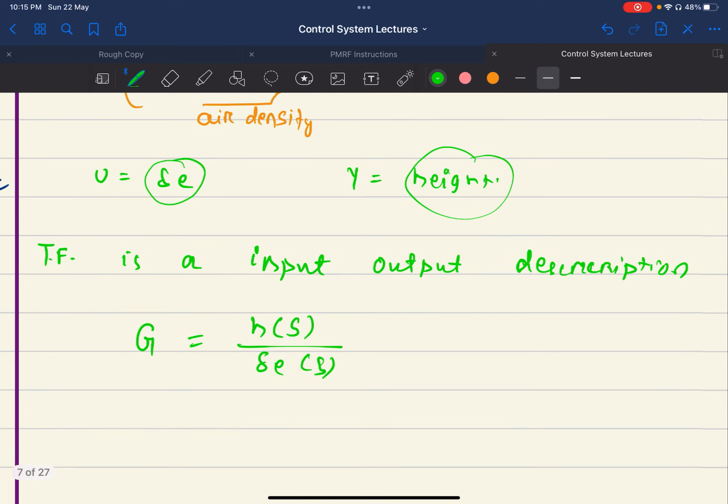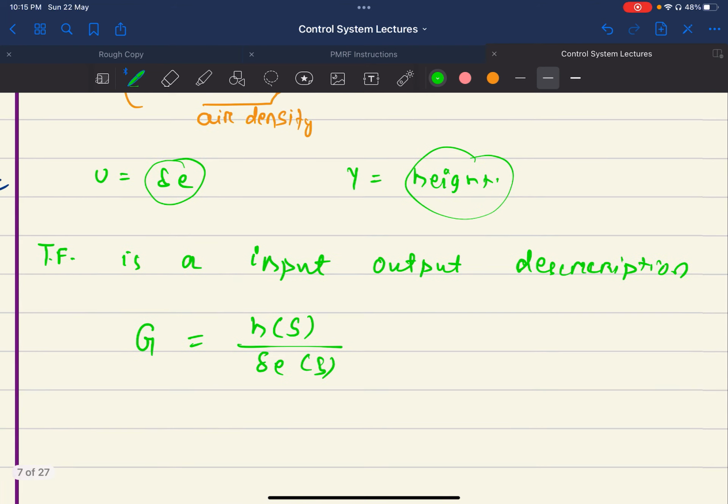So I can say it's between delta e and the height. Okay, this is complicated, but you get the feel, right? What is my transfer function? Given input, how my output is changed. That description is called the transfer function.